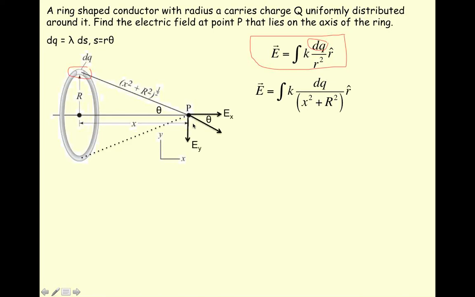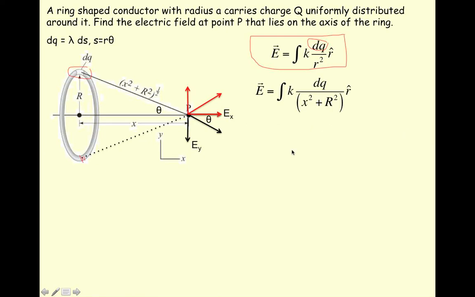The delta Q here will give me an electric field that has 2 components in this case, Ex and Ey. One thing I mentioned again in class is that over the ring there is another dq here that will give me an equal contribution, so this is another Ex.